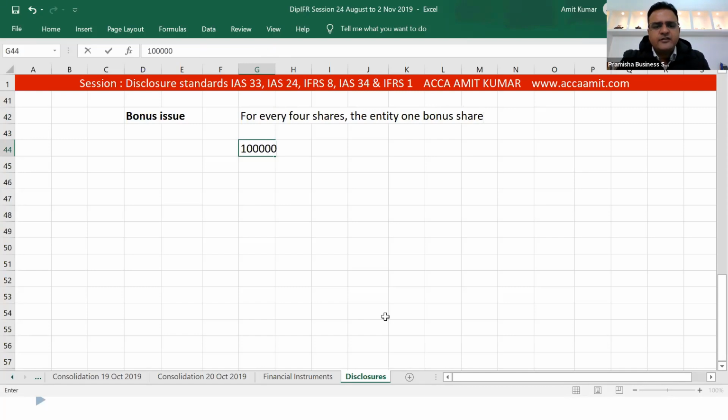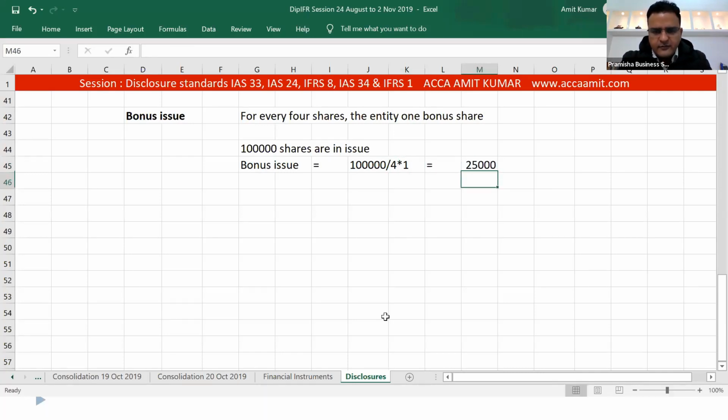If 100,000 shares are in issue as of today, the bonus issue will be equivalent to, for every 4 shares, 1 share. That is equal to 25,000 shares. The total number of shares reaches 125,000.